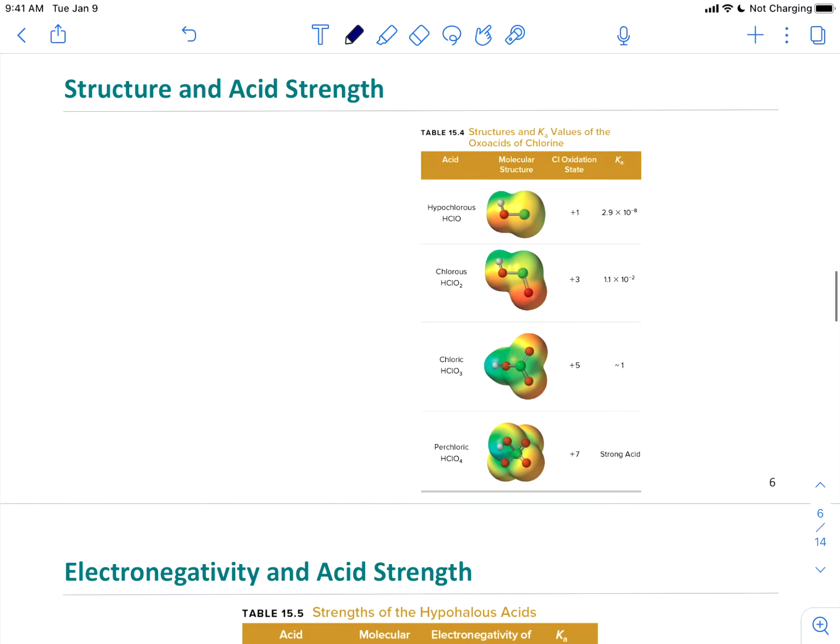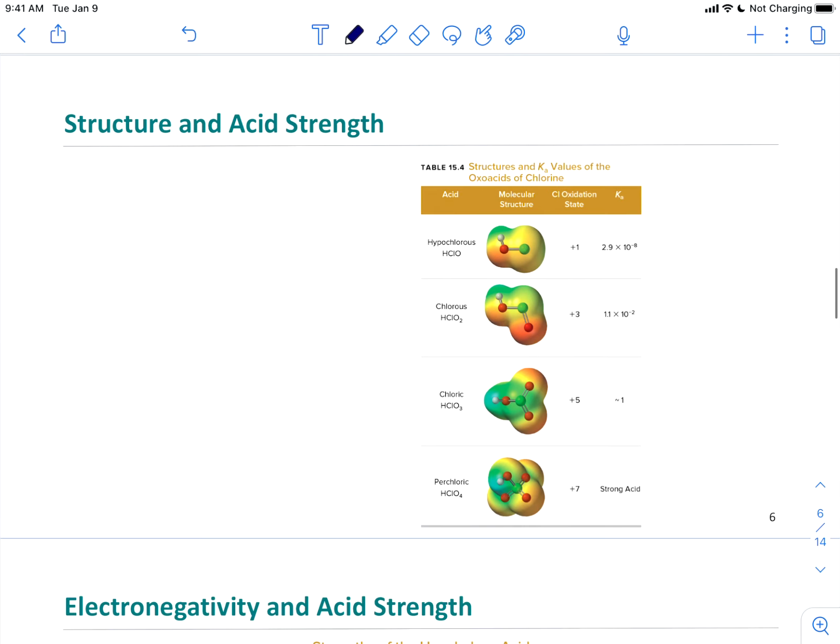Okay. So the next major topic is structure. When we talk about structure, there are two things to think about. One is the strength of the bond the hydrogen has, so how easily it can leave. If it's a weak bond, it can leave more easily. If it's a strong bond, it's tougher. And also the stability of the species left behind.